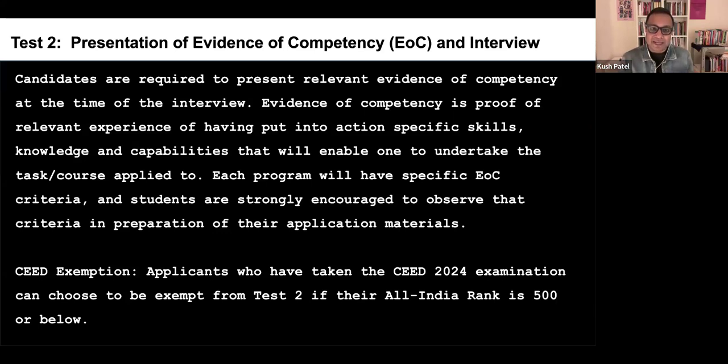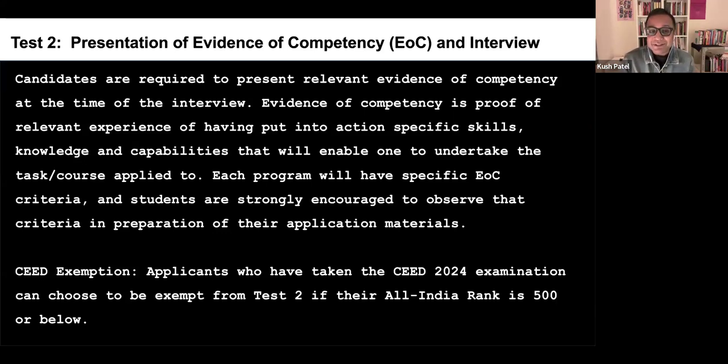How each program lays it out is very much specific to each program, which you'll be able to navigate on the application portal. But this is where we really get to see some evidence of how you're preparing yourselves, orienting yourselves to the programs of interest.